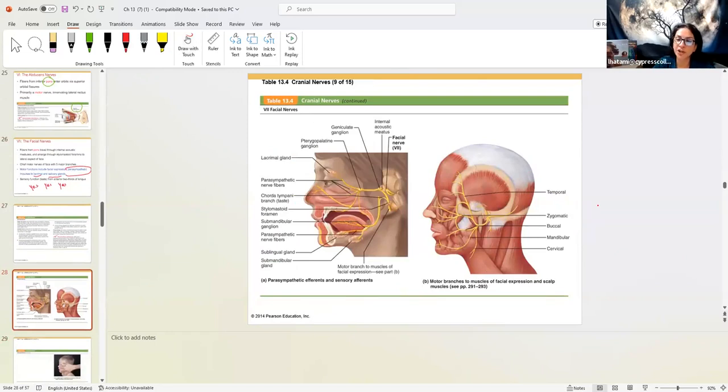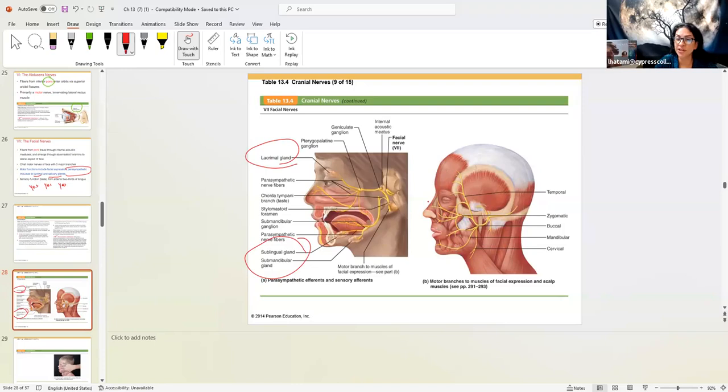Let's find the cranial nerve in this picture. So as you can see, cranial nerve number 7, or the facial nerve, is going to send the parasympathetic fibers to these glands, the lacrimal gland and also the salivary glands. And then it's going to send the signals to the facial expression muscles.